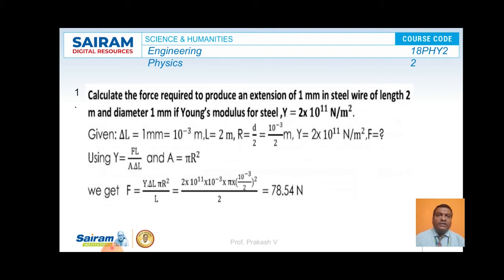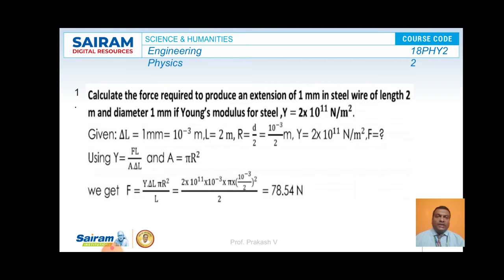Once again, we have to calculate the force required to produce an extension of 1 mm in a wire of length 2 meter having diameter 1 mm, and the Young's modulus of the wire is given, that is 2 into 10 to the power of 11 Newton per meter square. According to the formula, Young's modulus is linear stress to linear strain within elastic limit.